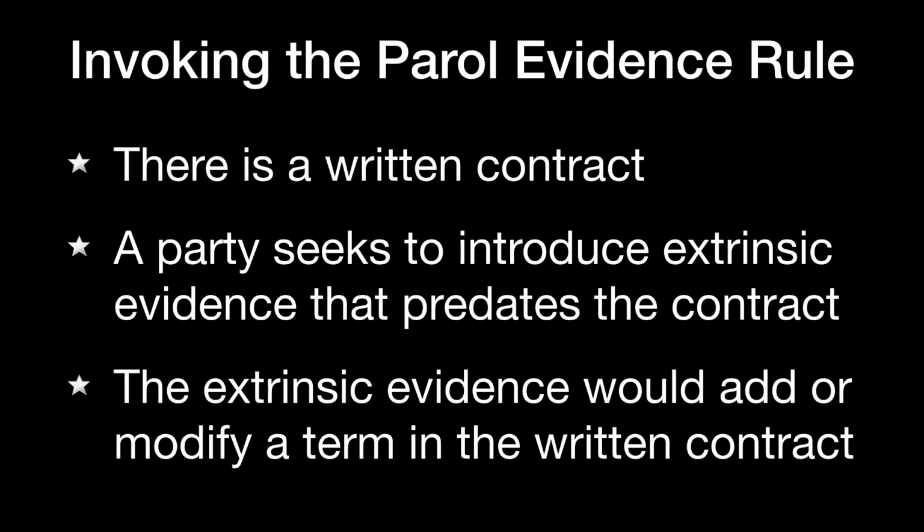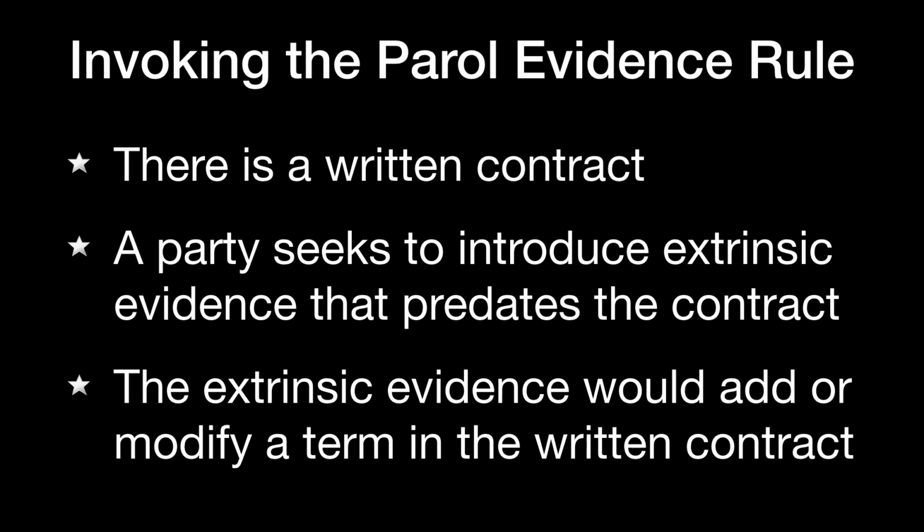The first step is simply understanding when the Parol Evidence Rule is likely to apply. First and foremost, there will always be a written contract. The Parol Evidence Rule only applies when there is a written contract. If there's no written contract, the Parol Evidence Rule is not applicable to the problem.